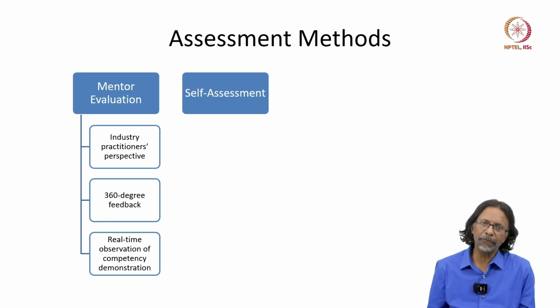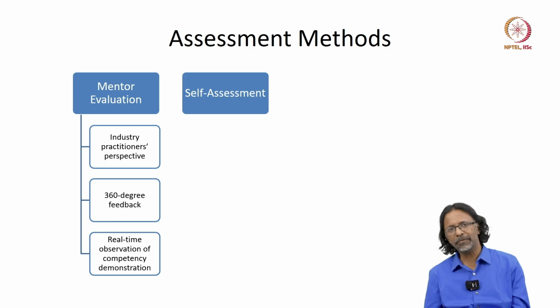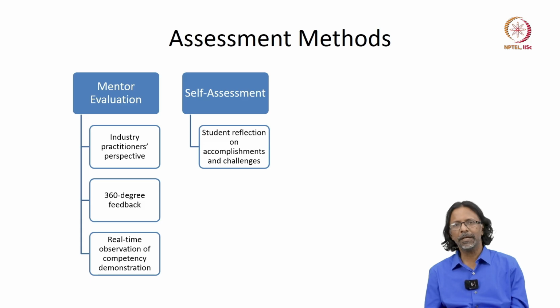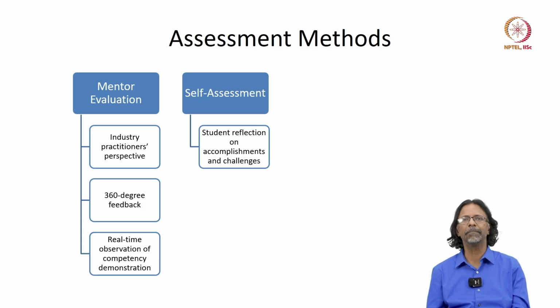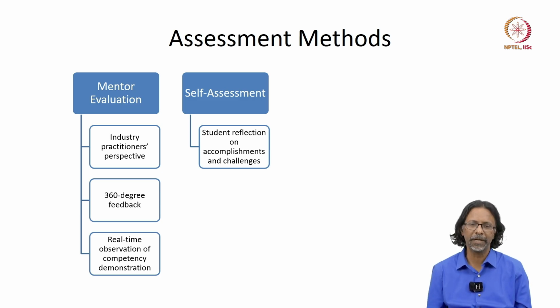Right? We also have to give importance to the inputs that we receive from self-assessment. There could be a lot of things that the student intern is doing which are not directly observed by the mentors, even with 360-degree feedback. Okay, so the self-reflection becomes a very important part to consider here.